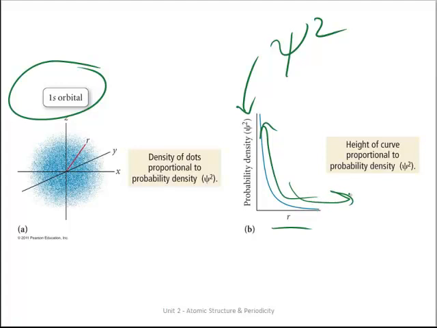If we plot this in 3 dimensions, what this looks like is a sphere. And of course these are all probabilities, so there are lots of different calculations for the Schrodinger equation.